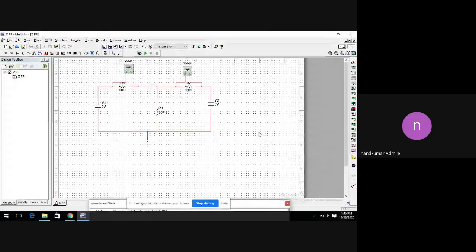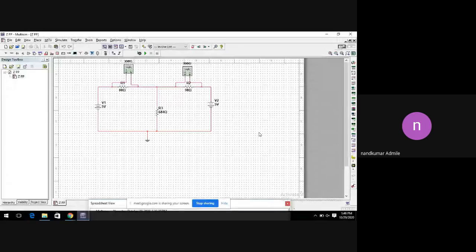So we calculate only the values of I1 and I2. Everyone, first note down the values of V1 and V2. The value of V1 is 5 volt and the value of V2 is also 5 volt.